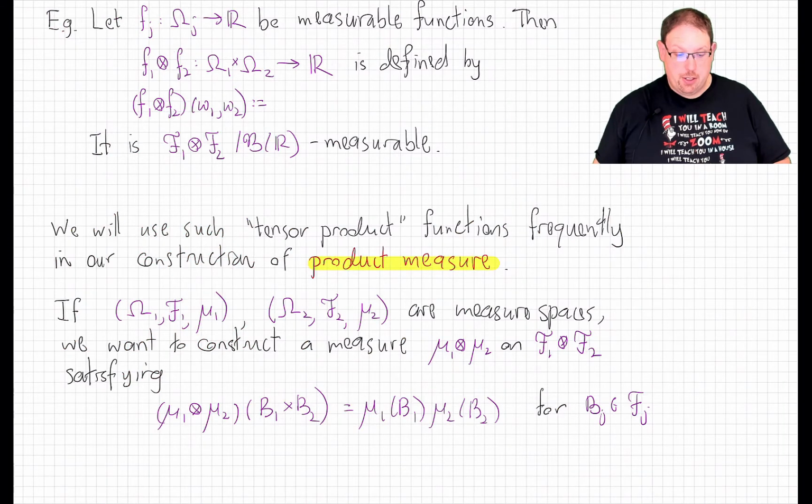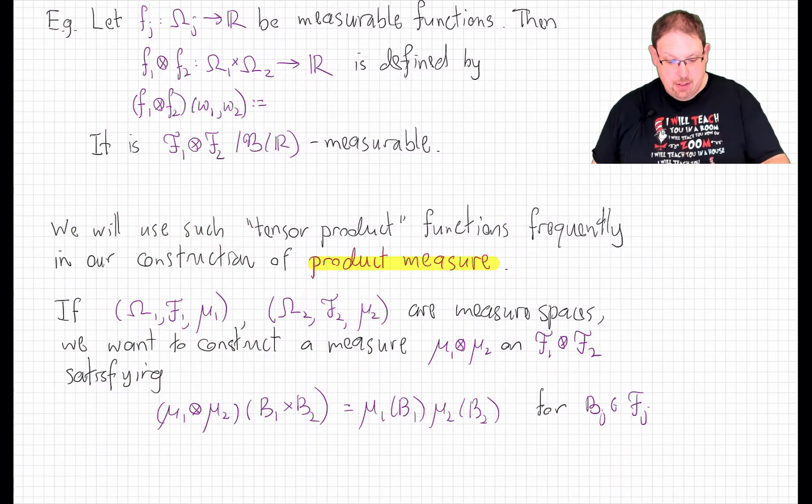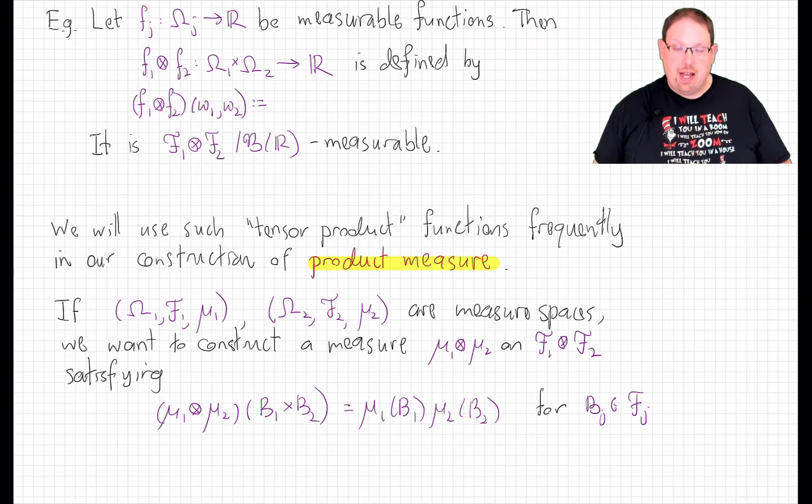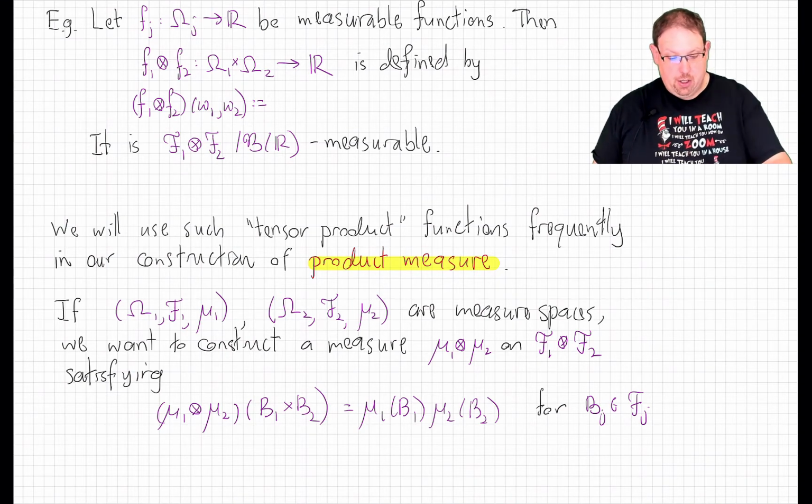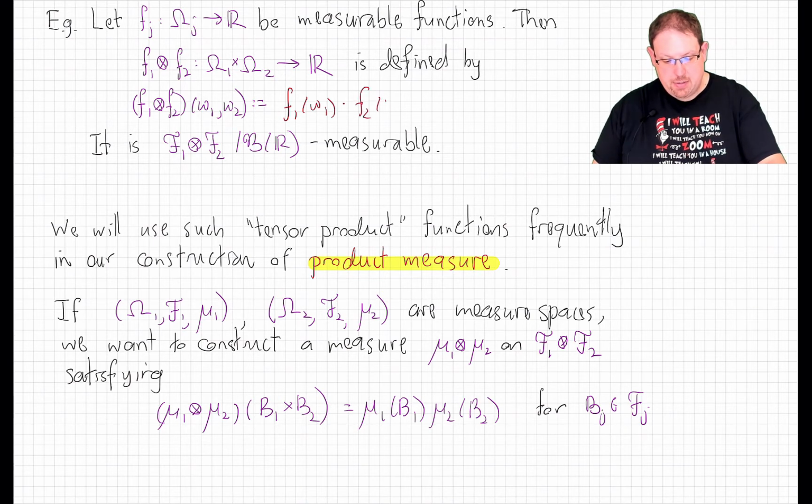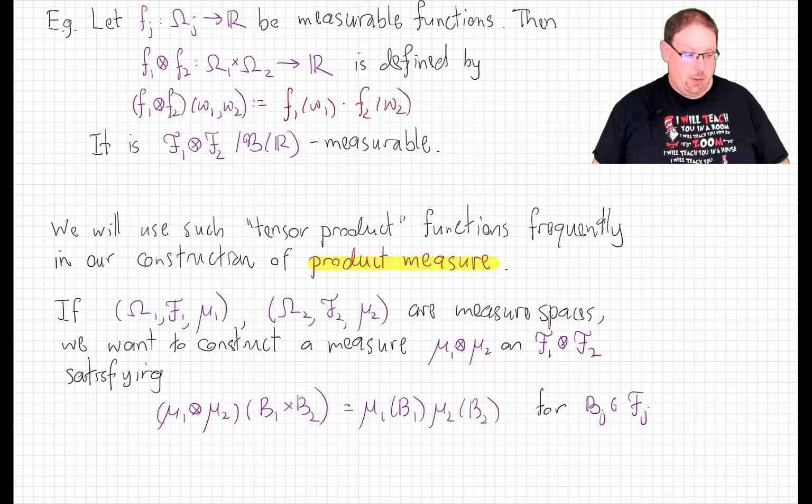Tensor product functions. Suppose that I have two measurable spaces, omega 1 and omega 2, and two functions, f1 and f2, real valued on each one. Then I can construct a function of two variables, which I'll call f1 tensor f2, on the product space, and it's just defined by f1 tensor f2 at the pair omega 1, omega 2 is equal to the product f1 at omega 1 times f2 at omega 2.